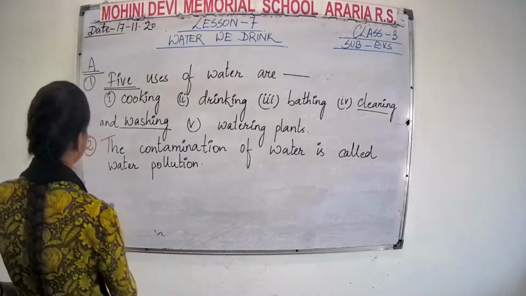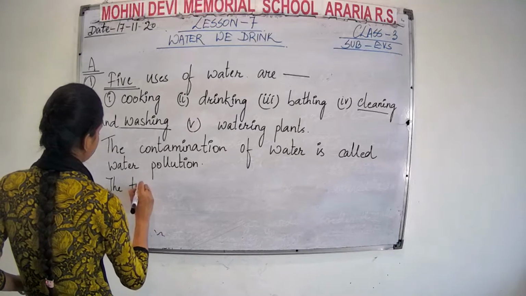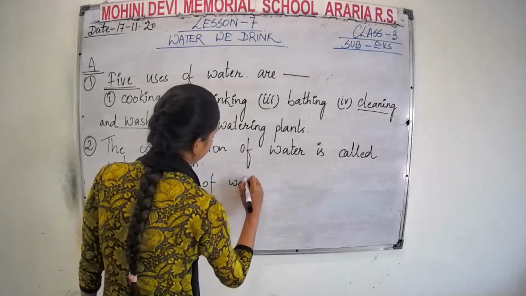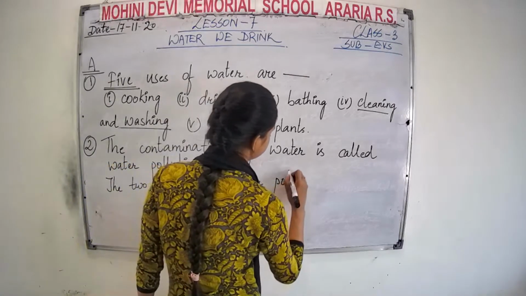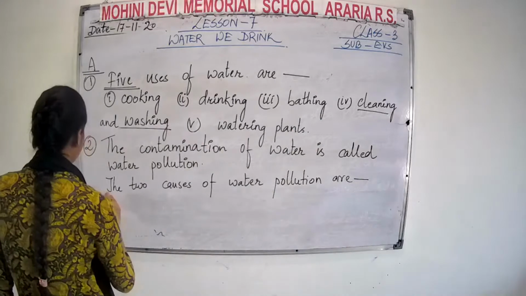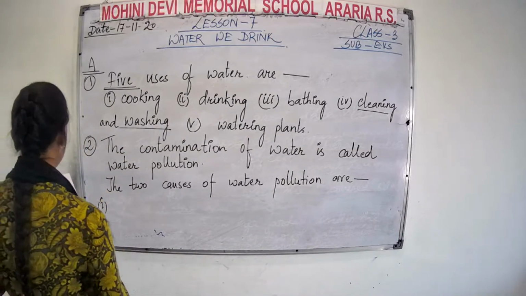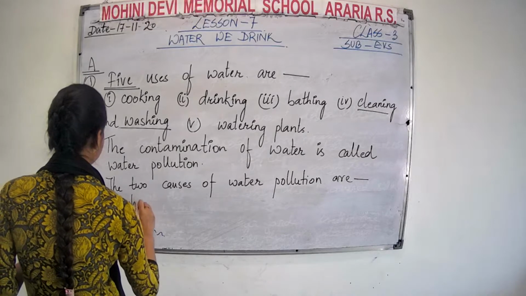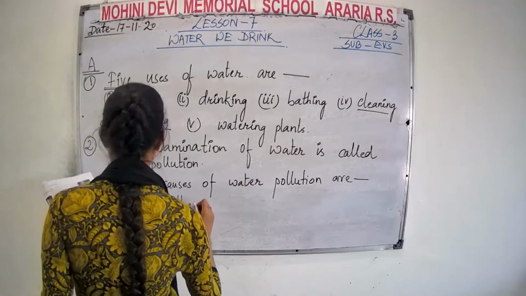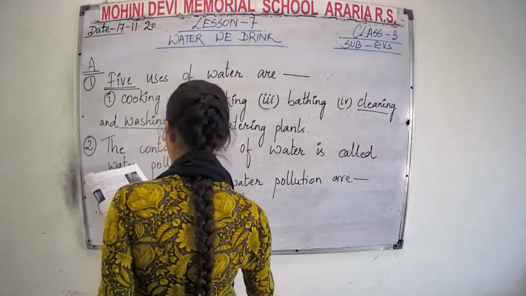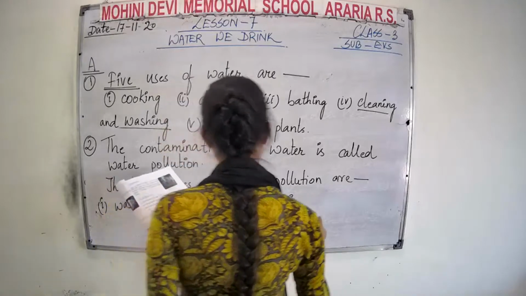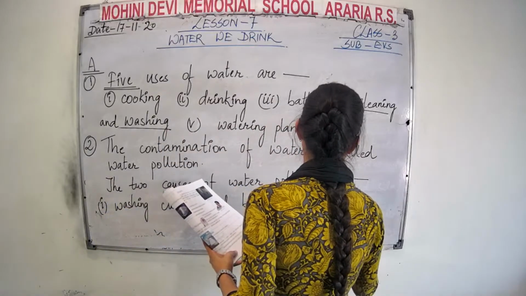Now they are asking, write 2 causes of water pollution. So you can write, the 2 causes of water pollution are, number 1, they have given washing clothes and bathing in water bodies.